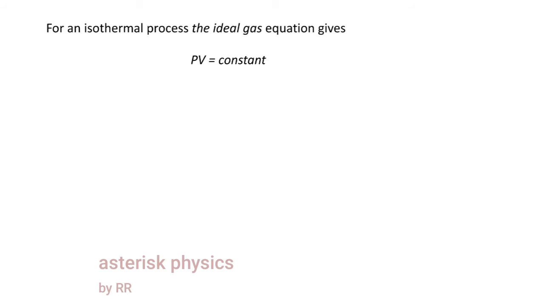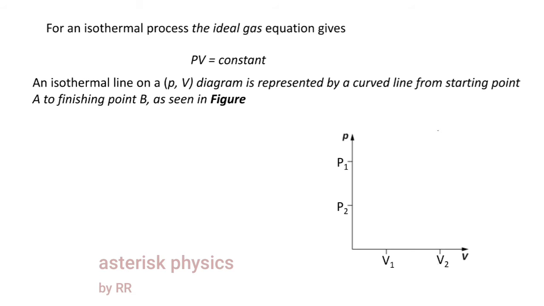That is, pressure and volume are inversely proportional to each other. So, an isothermal line on the PV diagram is represented by a curved line from the starting point A to the finishing point B, as seen in the figure.